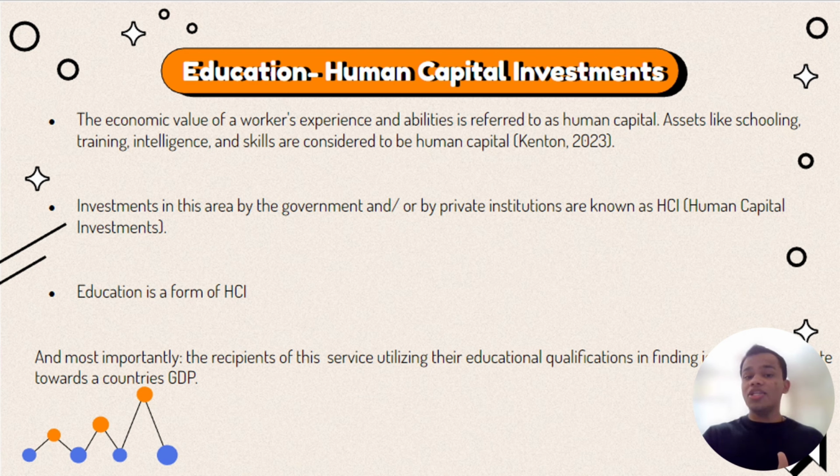And expenditure on these areas by the government or even private institutions is known as human capital investments. Investments in this area could take the form of training being provided by the government, free schools being built, universities being put up, colleges, and any sort of expansion even undertaken by the private sector of an economy.